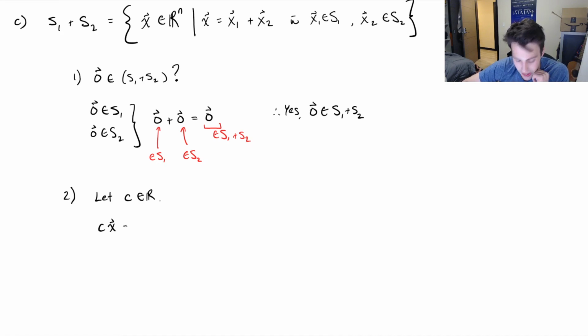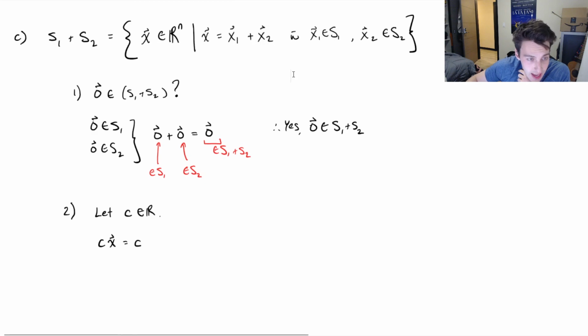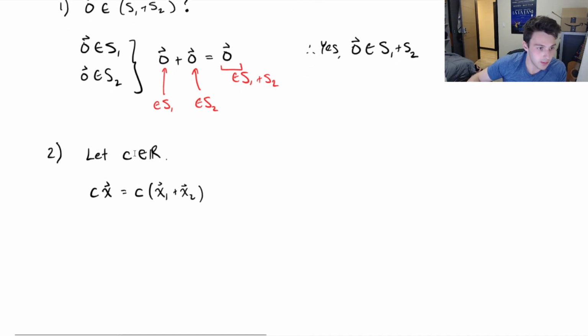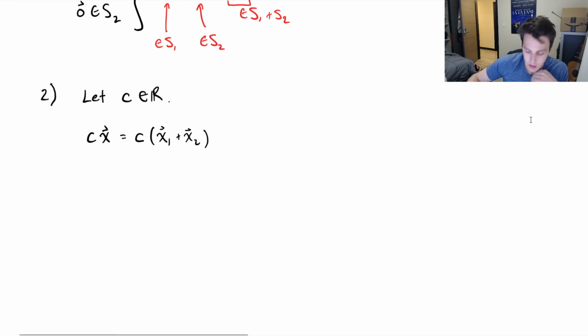Now, we know that X, from the definition, since X is in the sum, can be written as X1 plus X2. So we can do this as C times X1 plus X2. Let's expand this out. We've got CX1 plus CX2.